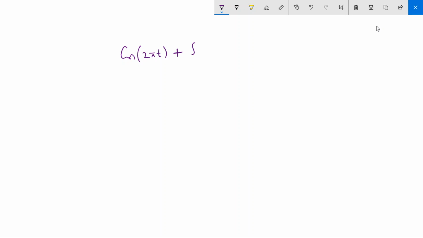Another signal, maybe a sine signal, has a frequency of 5 hertz, that is 10 pi t. And another signal has a frequency of, suppose, 20 hertz, so it will be 40 pi t.